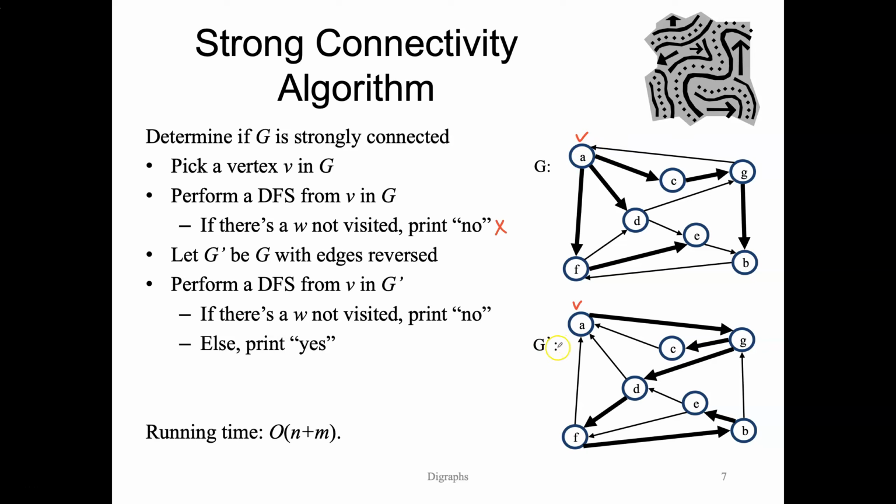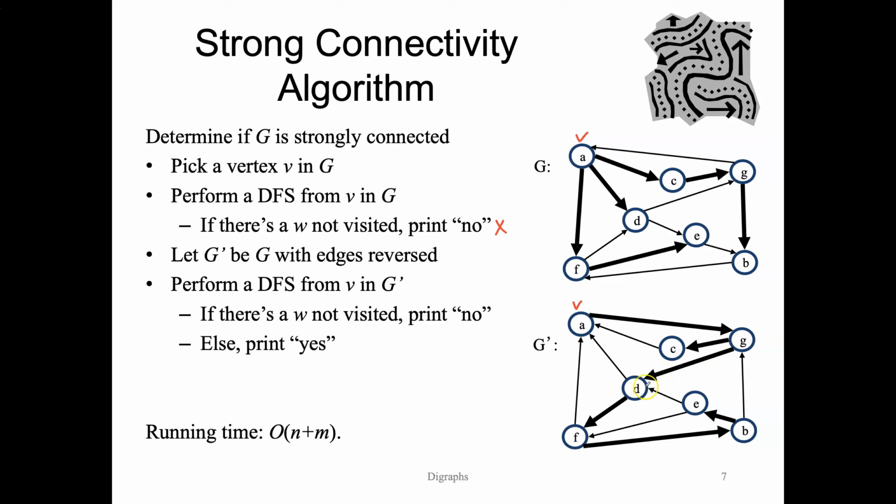Now, create a different graph. We'll call it G prime. This is our original graph, all of the same vertices and edges, except all of the edges are reversed. So we can do this in big O of M time just by reversing all of the M edges. Now in this modified graph, run depth first search from the same starting vertex. So if this vertex can reach all other vertices in the modified graph, then that means in the original graph, all of those other vertices could reach starting vertex V using those same edges.